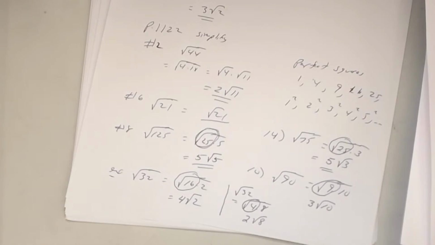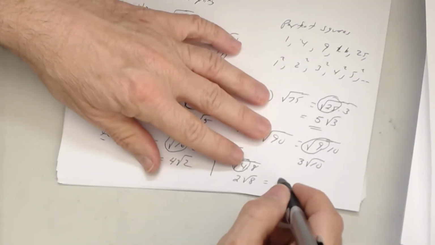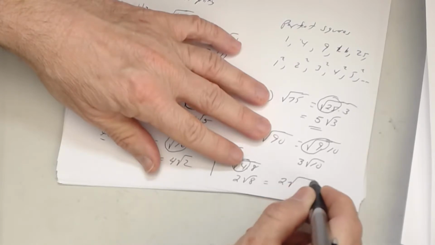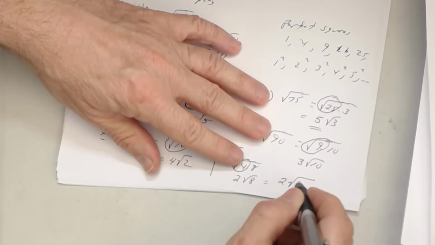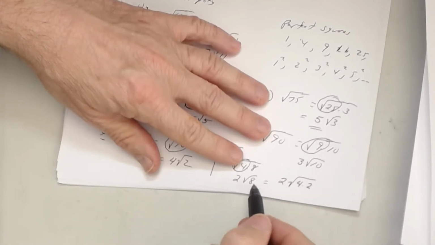Yes, because what perfect square goes into 8? 4. So you can go further with that. That's not your answer because there's still a perfect square other than one that goes into the radicand 8. So you have to break it down further. So you can say 2 times the square root of 4 times what? 2. You agree 4 times 2 is 8, right?